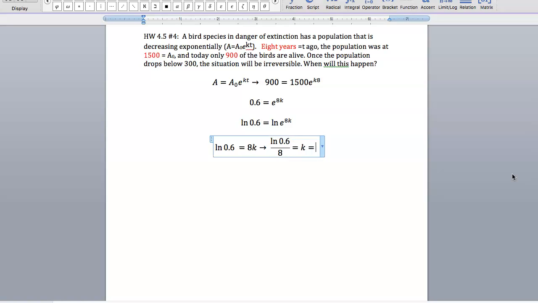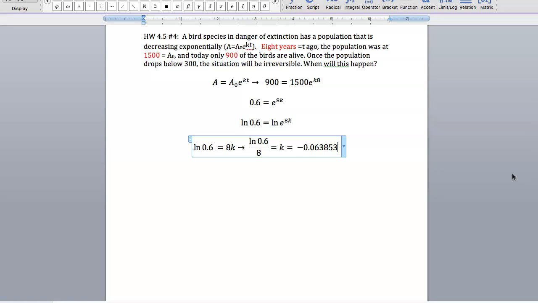And I did this earlier, negative 0.063853. Hopefully that's what I said. In order for the solution to be as accurate as possible, yes, you really do need 6 decimal places for k. 1 or 2 is not enough. It won't get the answer accurately enough.